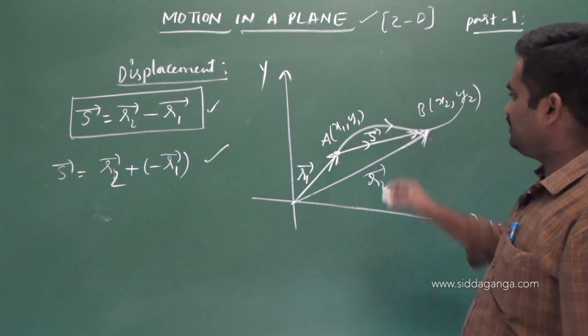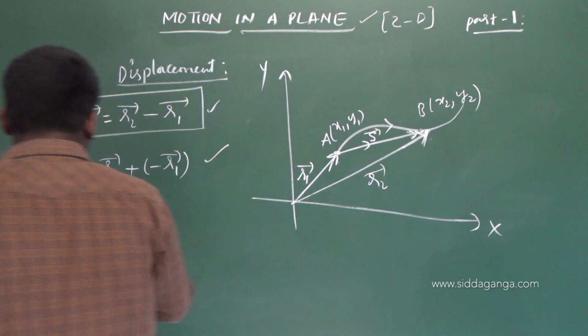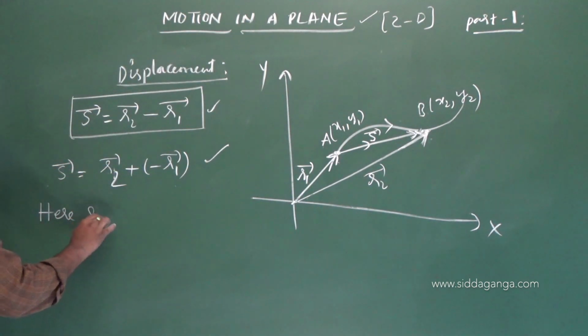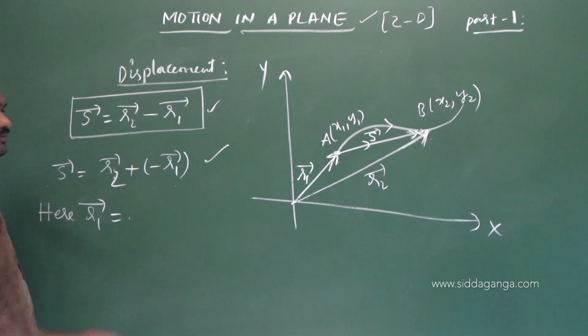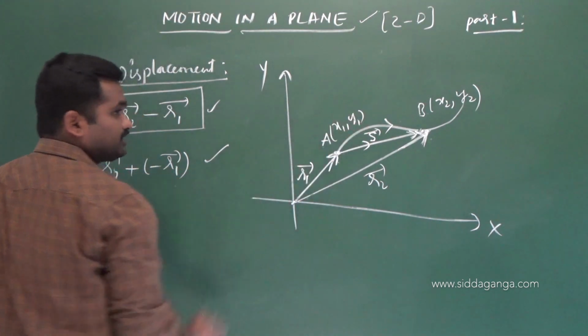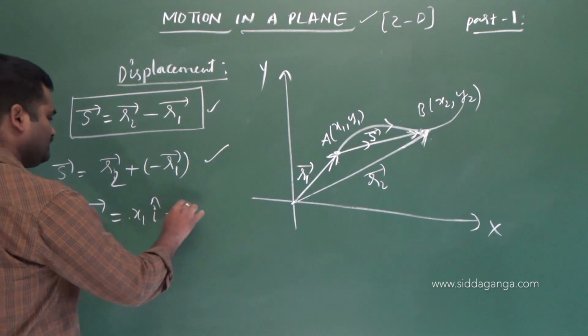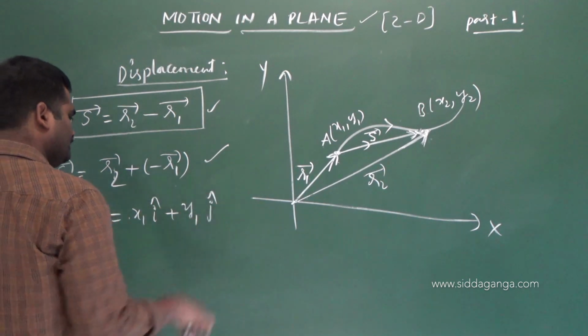So now, can you tell me how to write R1 bar here? What is the position vector R1? We know the point x1 comma y1, so R1 is x1 i cap plus y1 j cap.